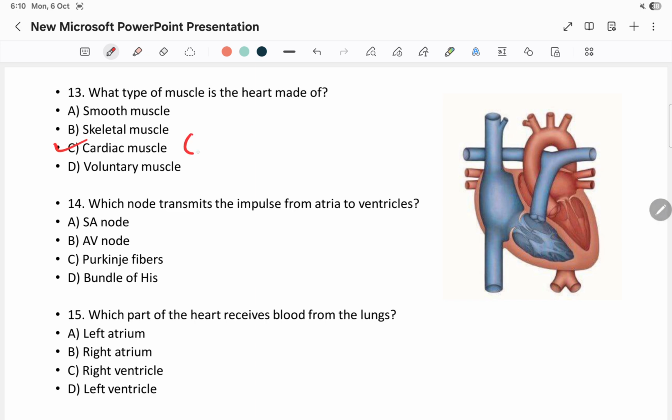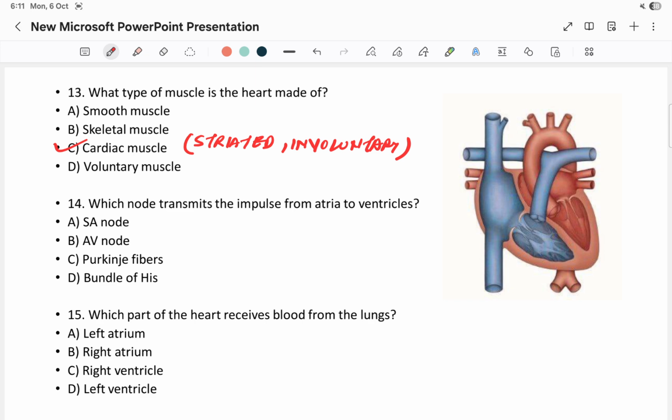Cardiac muscle is striated, meaning a striped or banded appearance can be observed under the microscope, and involuntary, meaning it is not under voluntary control. It is regulated by the autonomic nervous system. Clear?